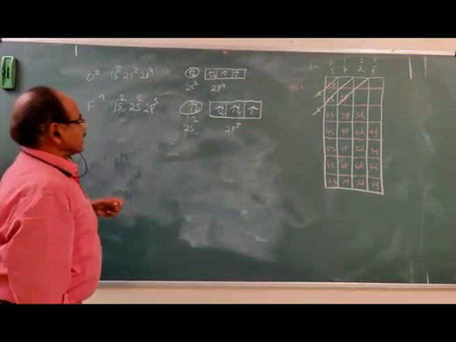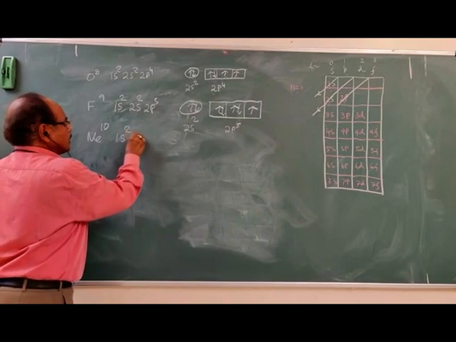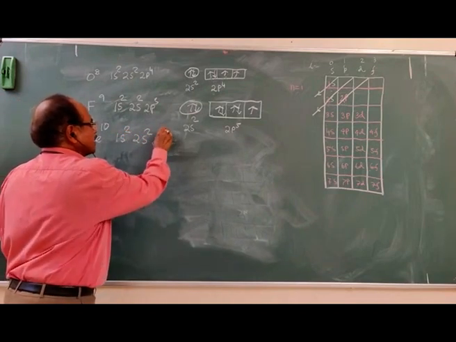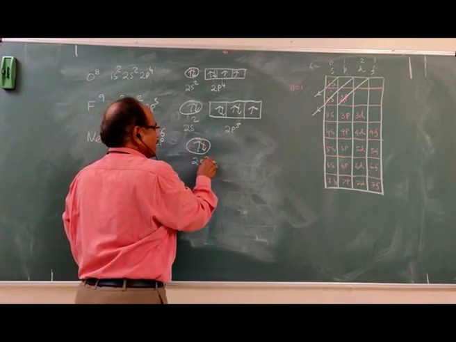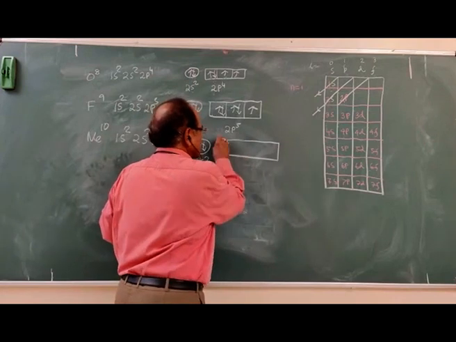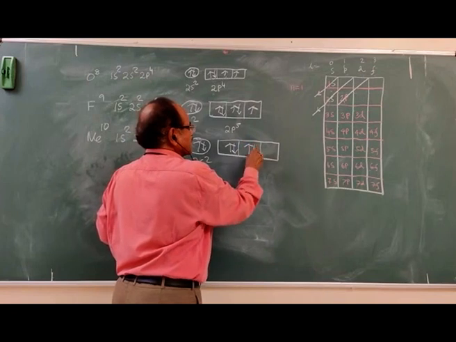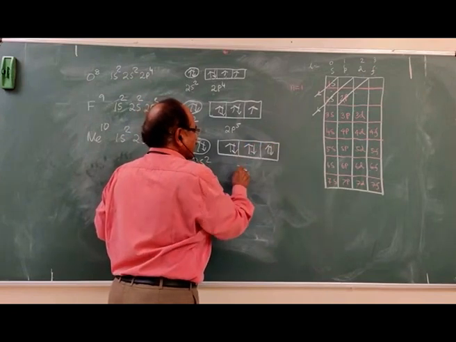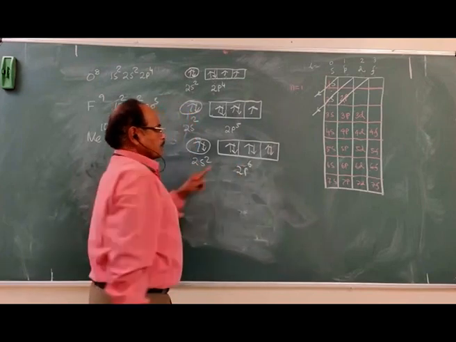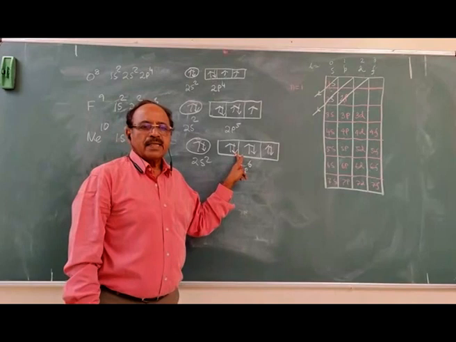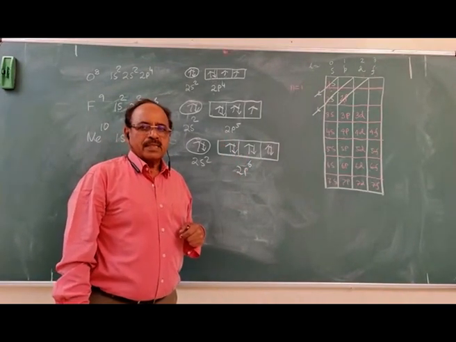Now we'll come to the next one, neon 10, 1s2, 2s2, 2p6. In the outermost cell, 2s2, then there is 2p6. It is now completed. The second cell is completed, the p orbital is completed. The second period is completed.